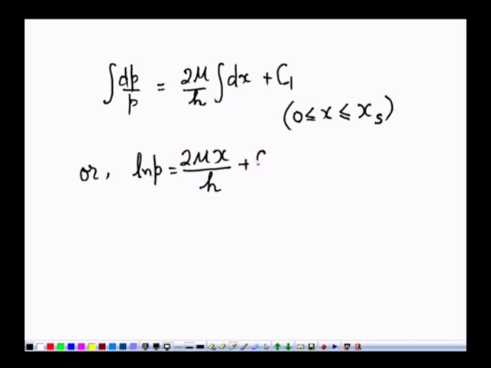So this one is the expression. Now we have to take the limiting points, at x equal to 0, sigma x is also equal to 0.